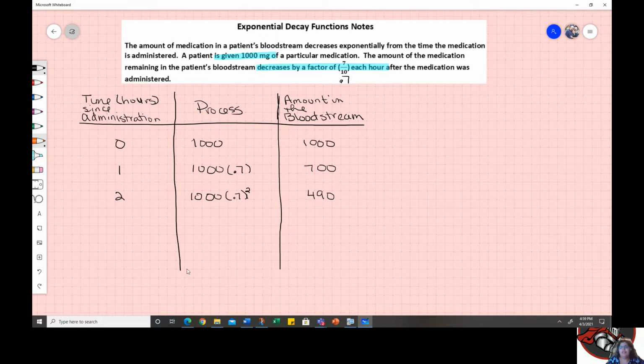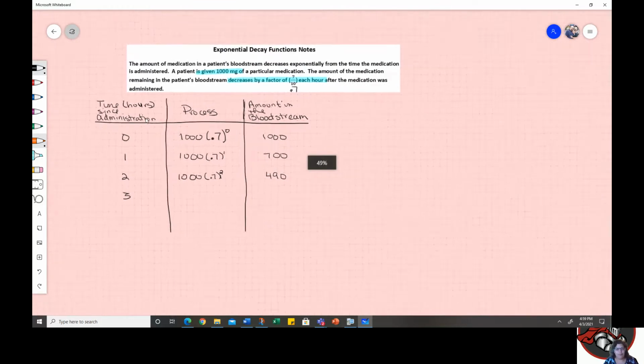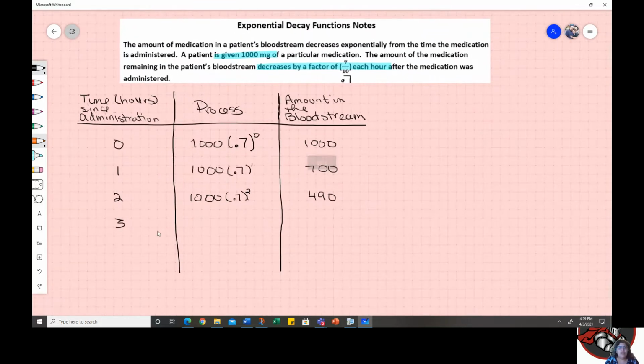So 0.7 to the second power. After 1 hour is 0.7 to the first power. And just for uniformity's sake, if we wanted to show our initial value using the 0.7, it would be 0.7 to the 0 power.